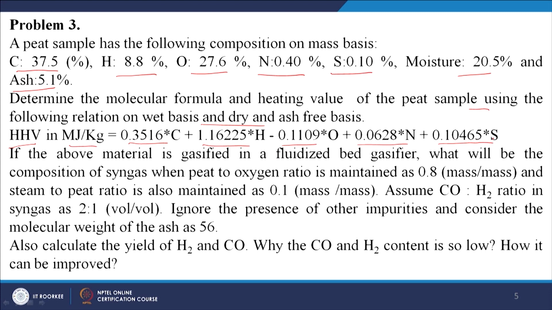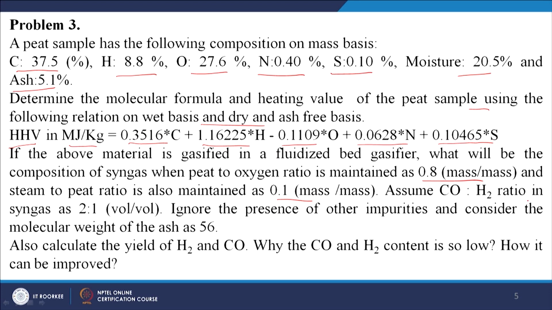If the above material is gasified in a fluidized bed gasifier, what will be the composition of syngas when the peat to oxygen ratio is maintained at 0.8 mass by mass basis, and steam to peat ratio is also maintained as 0.1 mass by mass basis?